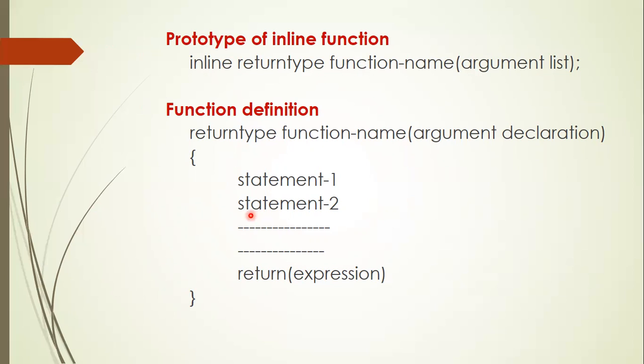The statement is return sqrt of a. That's all. So for a function there are two steps: first you mention the prototype, then you define the function. Just in the prototype, you prefix the return type with the keyword inline, and then it becomes an inline function.